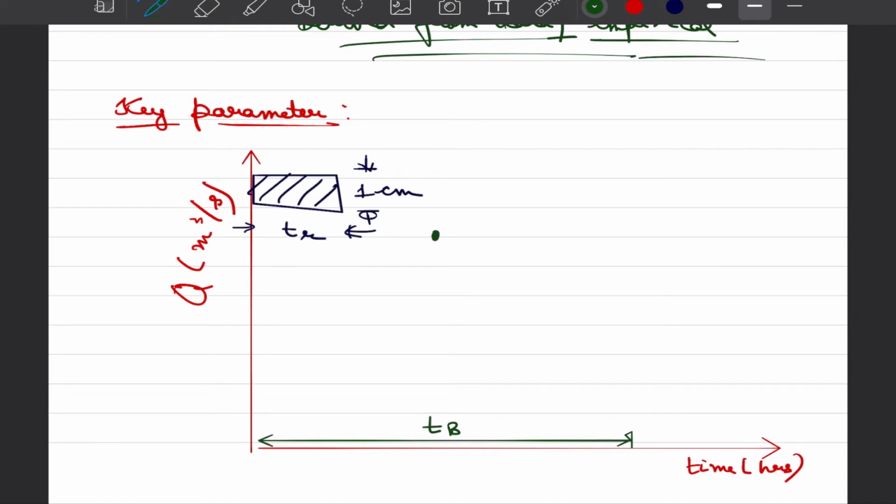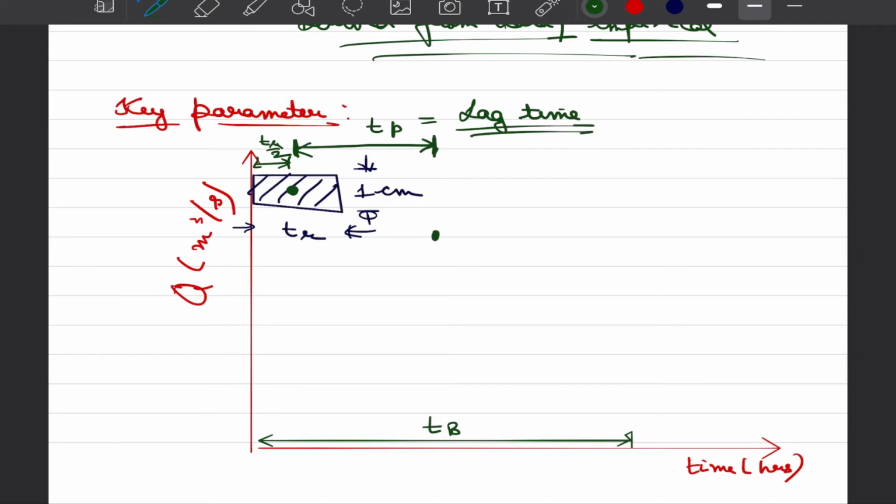So we will measure the peak of the hydrograph from the centroid of the precipitation box. If this is happening for the duration of TR, we take an offset of TR by 2, because this is a uniformly distributed precipitation event, and from this to the peak we will say this is TP, which also represents the lag time.